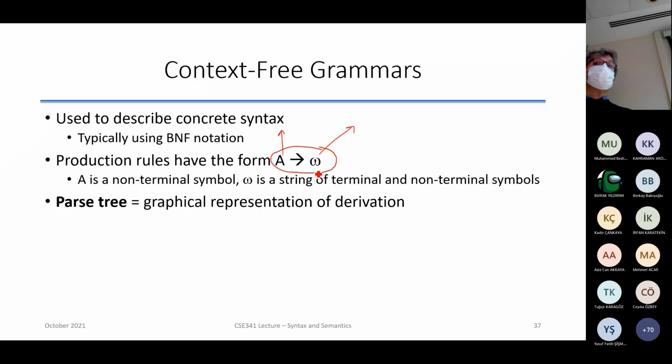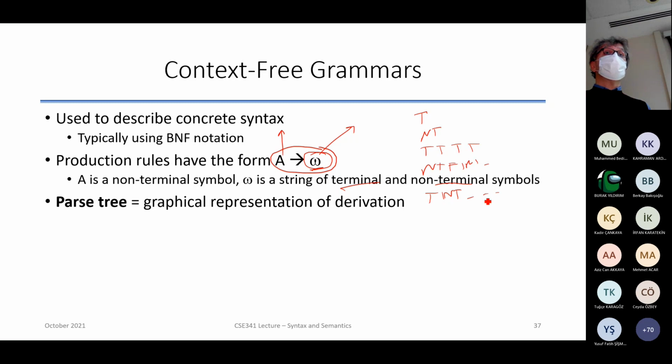This is a string of your terminals and non-terminals, and we don't have any restrictions on the form of this string. So you might have one terminal here, one non-terminal, or multiple terminals and multiple non-terminals, or a combination of terminals and non-terminals. So there is no restriction on the form of this sentence.